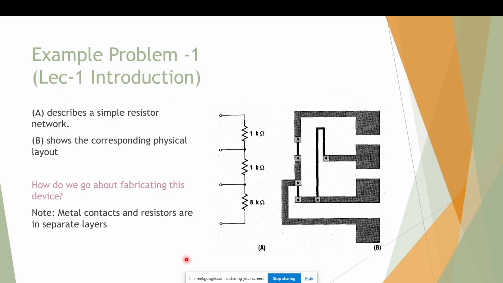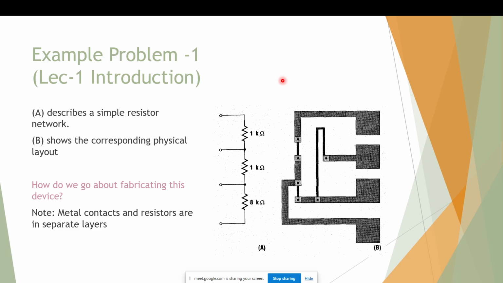Without wasting much time, let's start with the first problem. First, I thought of doing an example to give a flavor of the general process flow for making any nanoscale or microscale device.